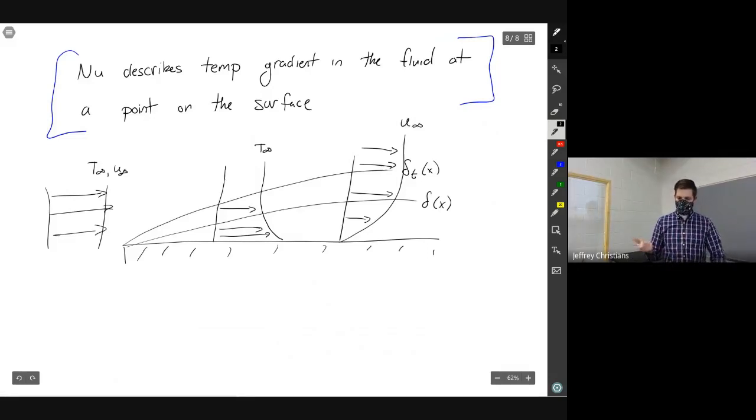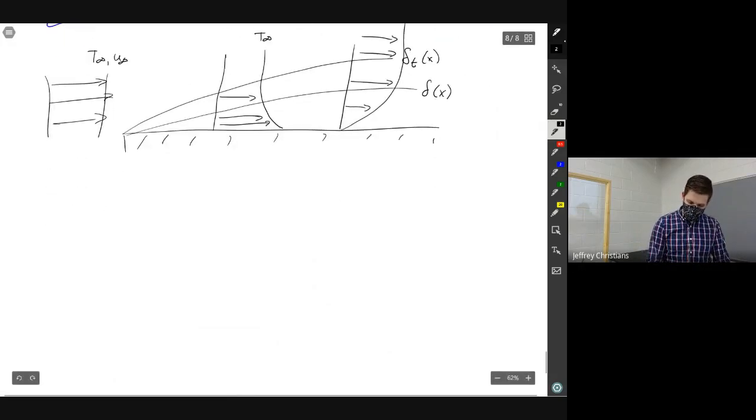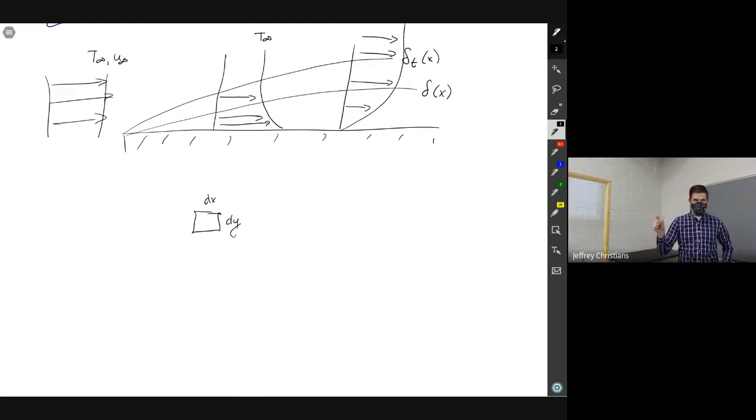What we're going to do to solve these differential equations is define a little area. We're going to skip over all the derivations, but we did this in more detail in fluids, if you are taking that or took it a while ago.